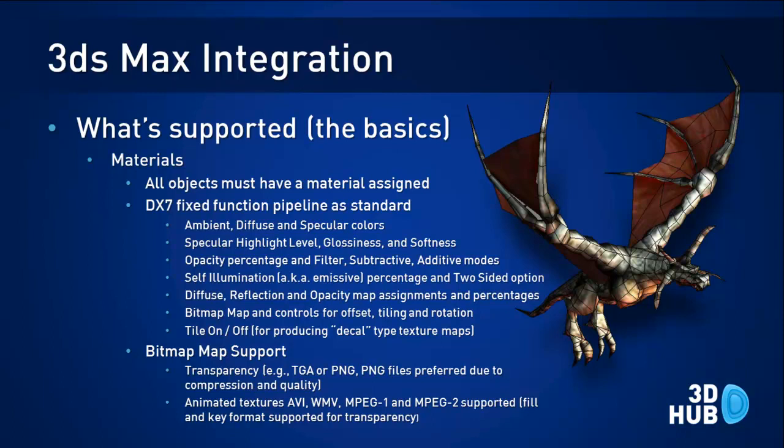Now, natively, a WMV file doesn't have an alpha channel, but what we do is, if you can imagine, we call it fill and key, which is you'd have your standard layer, as it were, full color in one half of the video, the left-hand side, and what we do is we have what we call the key channel, which is a black and white opacity map, an animated opacity map in the right-hand side of the video. So at runtime, one is superimposed over the other, the white being the opaque part of your video and the black being the transparent part of the video.